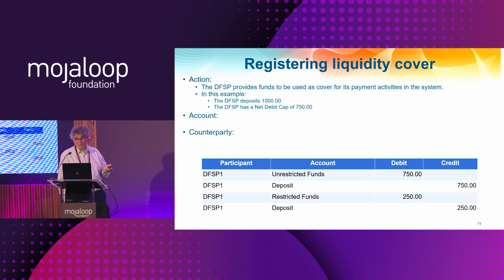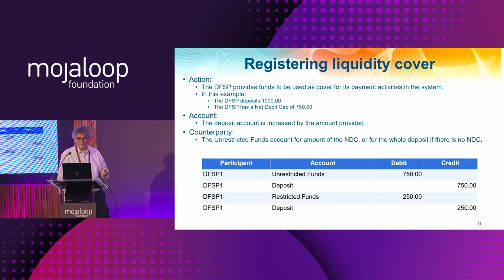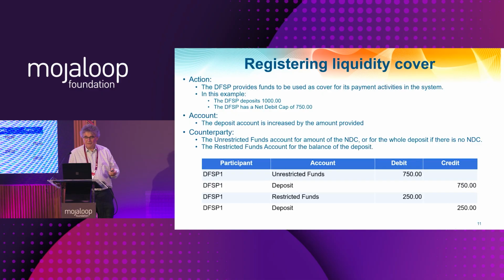In this example, the DFSP deposits £1,000 and it has a net debit cap of £750. So the deposit account is increased by the amount provided. The unrestricted funds account is decreased, but it's an asset, so that's a good thing, by the amount of the NDC, or if there is no NDC, by the whole amount. And the restricted funds account gets the balance of the deposit.